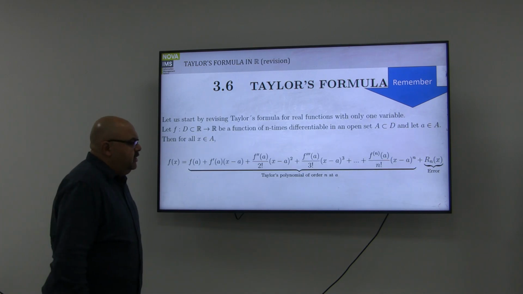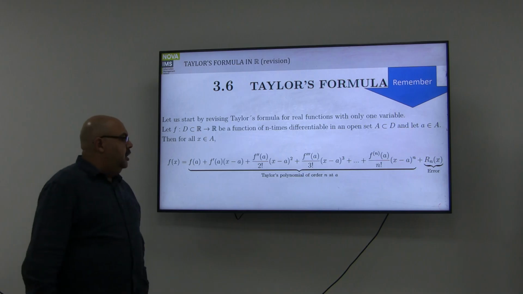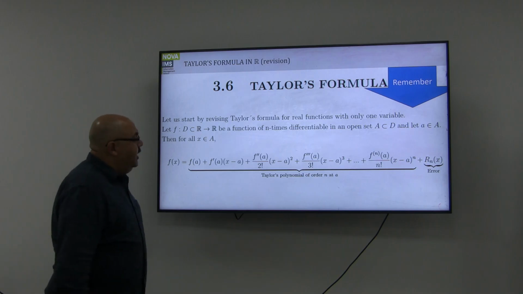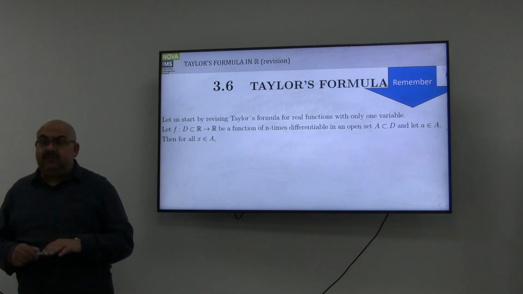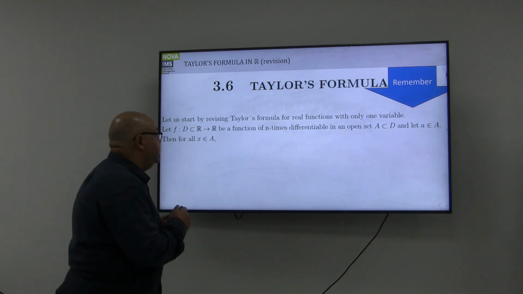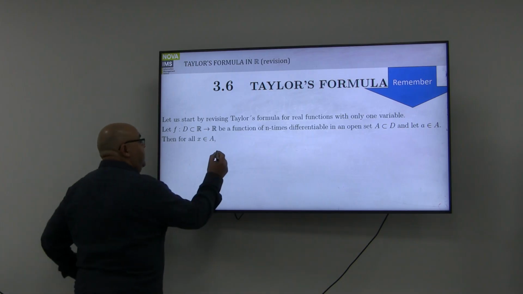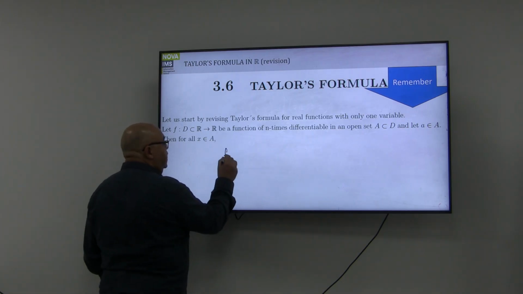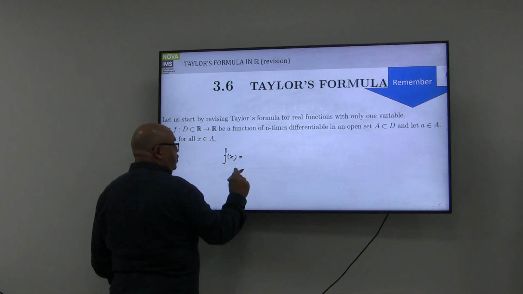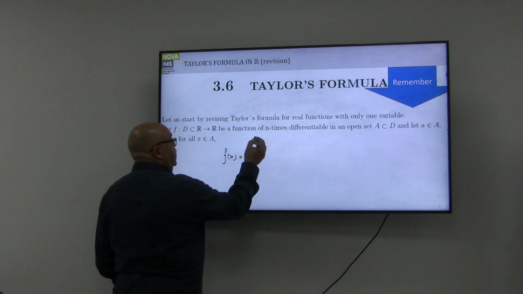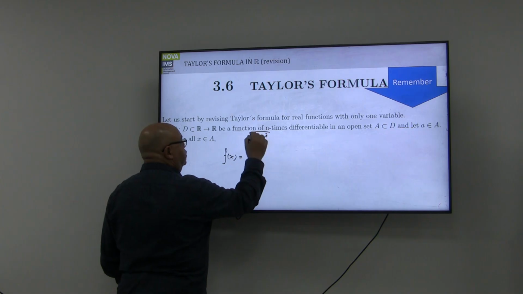The law is really very simple. This is Taylor's polynomial, and it's easy to memorize. All I have to do through Taylor is expand my function, let's say f of x, to be equal to, in the neighborhood of a certain point, let's say at x equal to a.